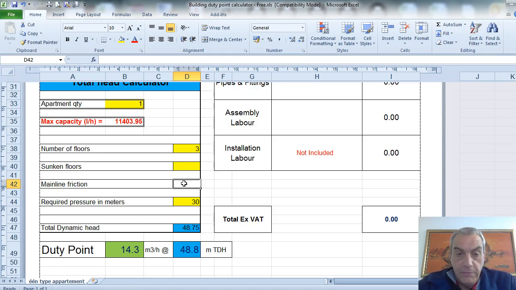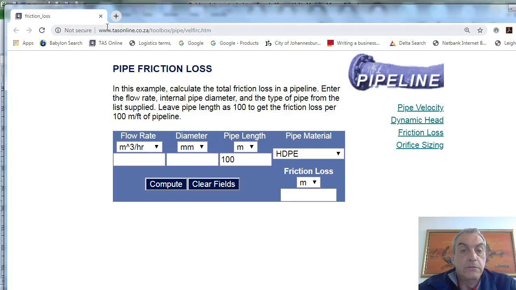The point between that pump system and the actual building where the pipe network gets divided up into the different floors and goes off into a complete reticulation network. That pipe between the pump and the building is what we refer to as the mainline friction or the main line itself. Now to do that calculation, we would go to a very handy website, and you can copy that website and use it in future.